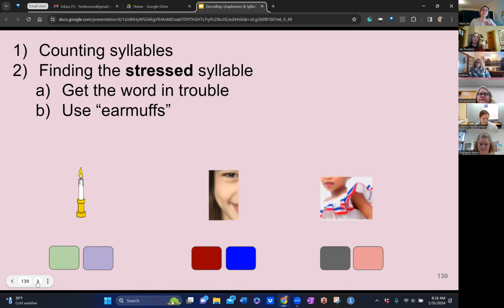But now we need to find something called the stressed syllable. Words in English that are more than 1 syllable, well, even 1 syllable words can either carry stress in a sentence or not. For example, the word of is a function word. It often is unstressed. It oftentimes just gets hooked on to whatever other word is next to it.